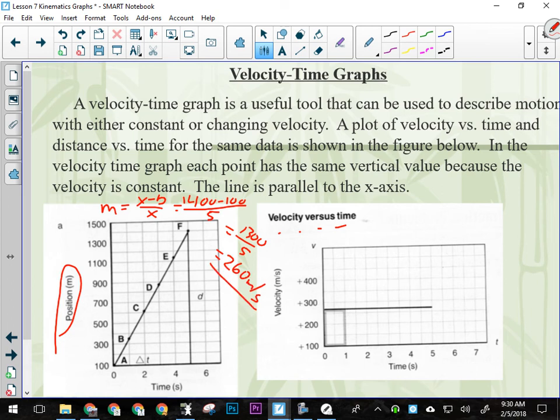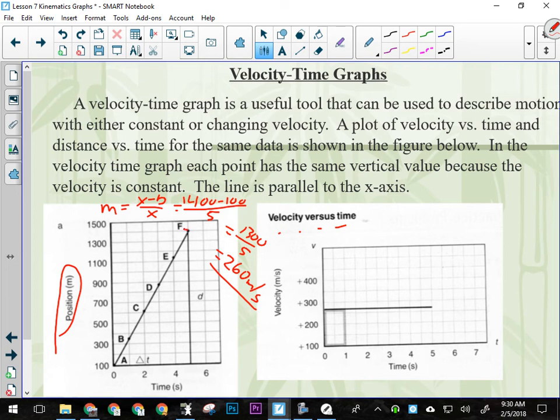All right, so I calculated the average velocity of that object. Is that about where I said this line was on the velocity versus time graph? So they are definitely showing the same thing. On the position versus time graph, I calculated the displacement as part of my velocity calculation.